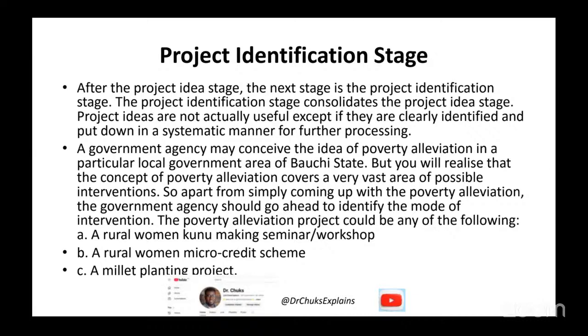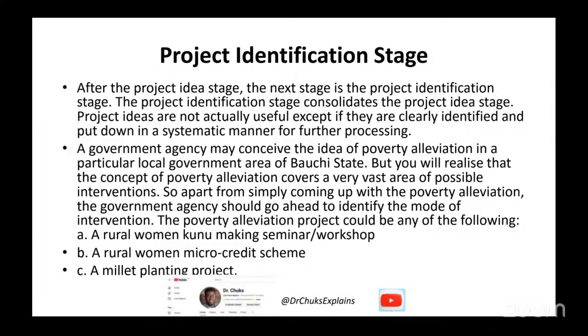So apart from just simply coming up with poverty alleviation as a concept, the government agency should go ahead to identify the mode of intervention, because a poverty alleviation project could be any of the following. It could be a rural women kunu making workshop. It can start from there. It can also be a rural women microcredit scheme. These things, when executed, can alleviate poverty if they achieve their goals.